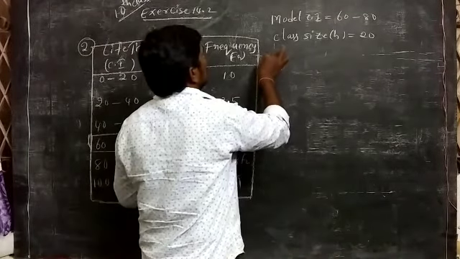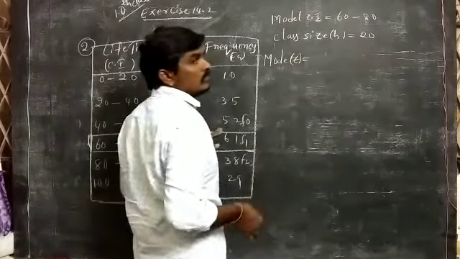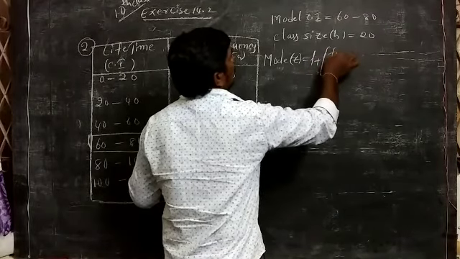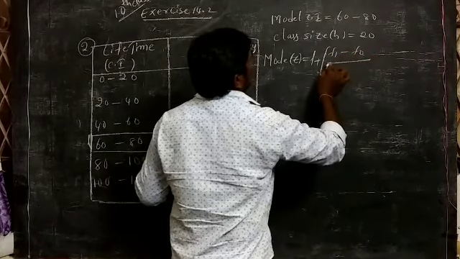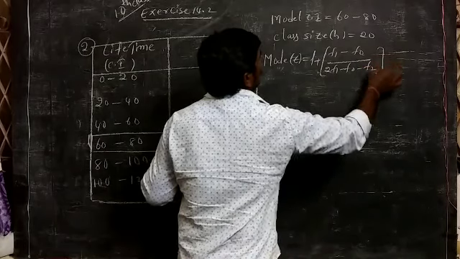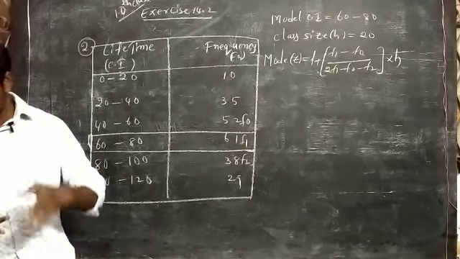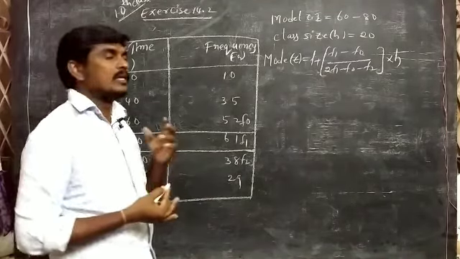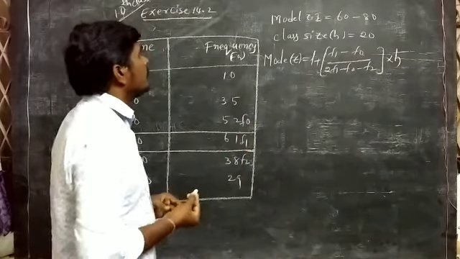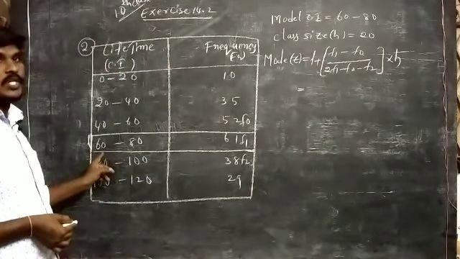Mode Z is equal to the formula L plus (F1 minus F0) by (2F1 minus F0 minus F2) into H. Very, very important formula. If you commit a mistake, the total sum will be the wrong answer. L stands for the lower boundary of the modal class interval, that is 60.